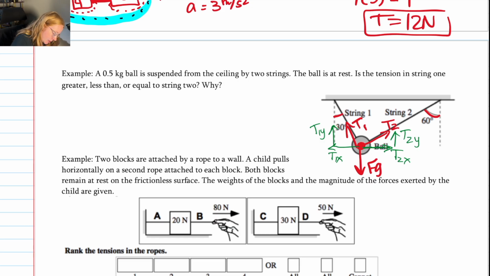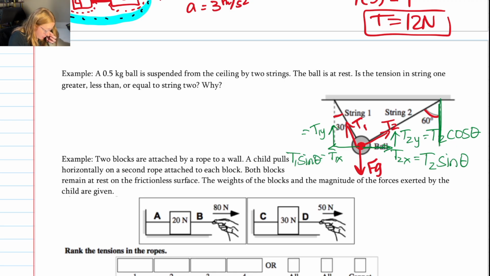Well, the x direction would be opposite that angle, so I want to do the tension, and if it's opposite, we need to do sine of theta. And for T2y, the y is adjacent to that angle, so I'm going to do T2 cosine theta for the y. The same situation would happen over here. We have T1 sine theta, and for T1y, we have T1 cosine theta.